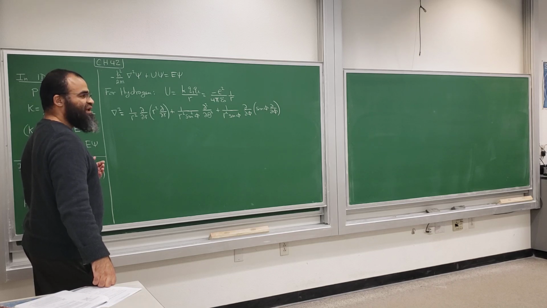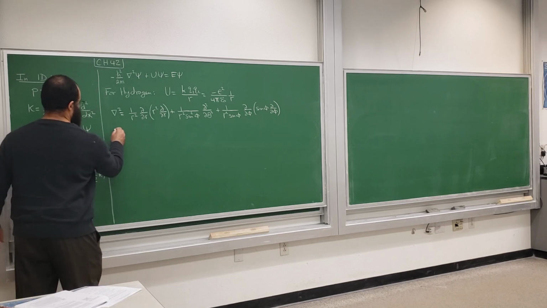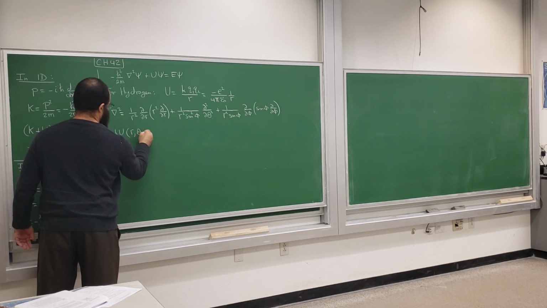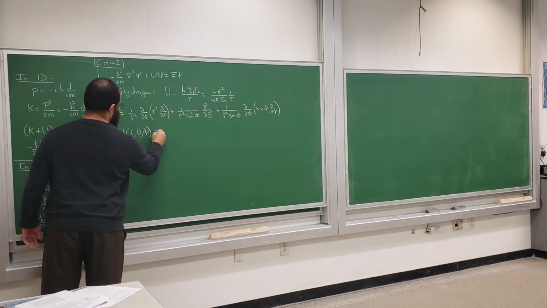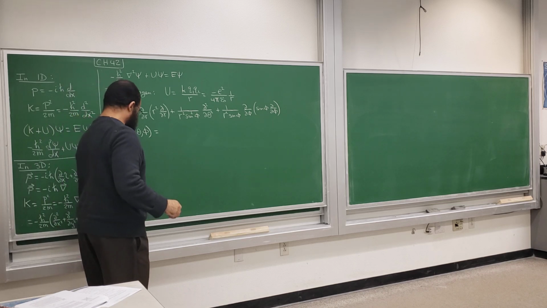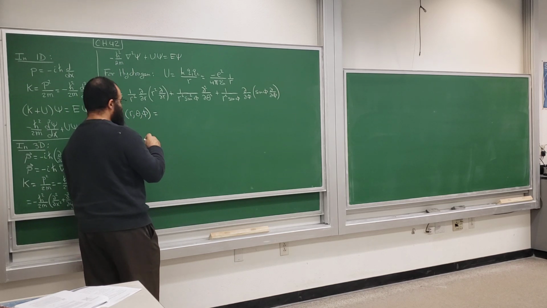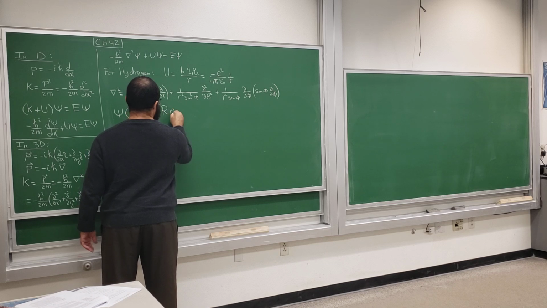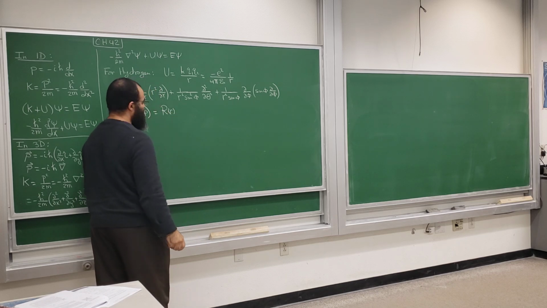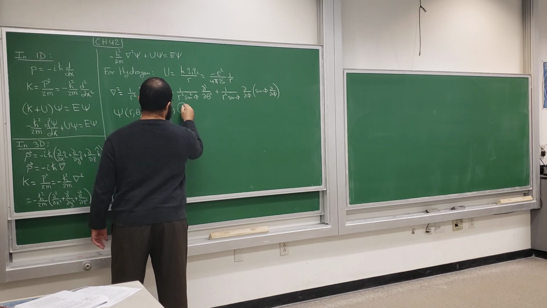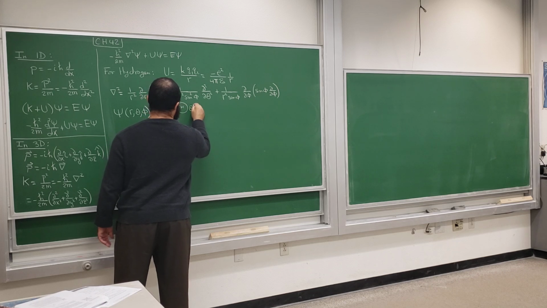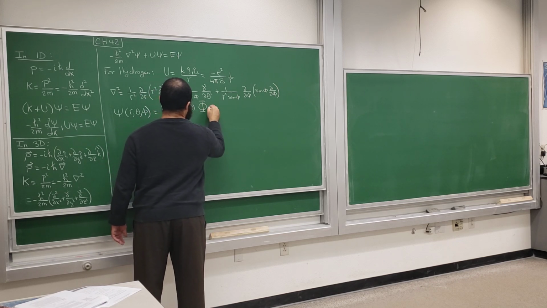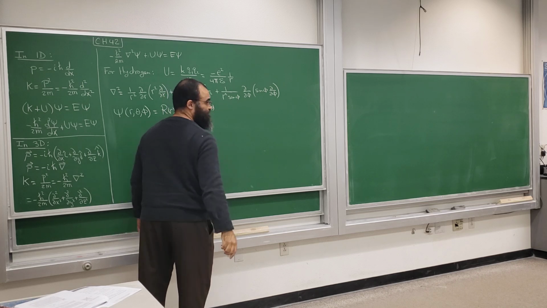You would assume psi, which is a function of r, theta, and phi, is a product of three functions, just like we did earlier. A function, capital R, that depends only on little r. A function, capital Theta, that only depends on theta. And a function, capital Phi, that only depends on little phi.